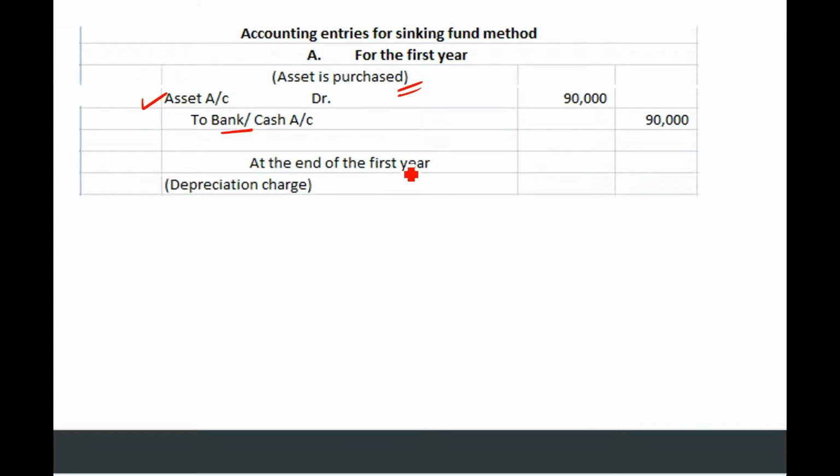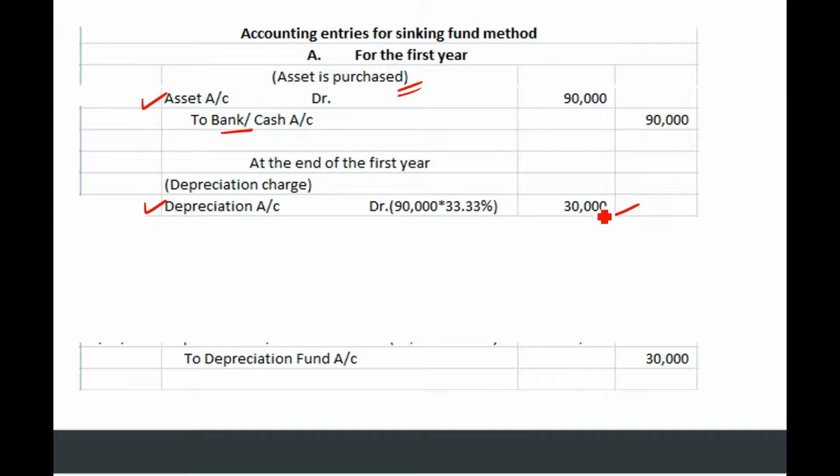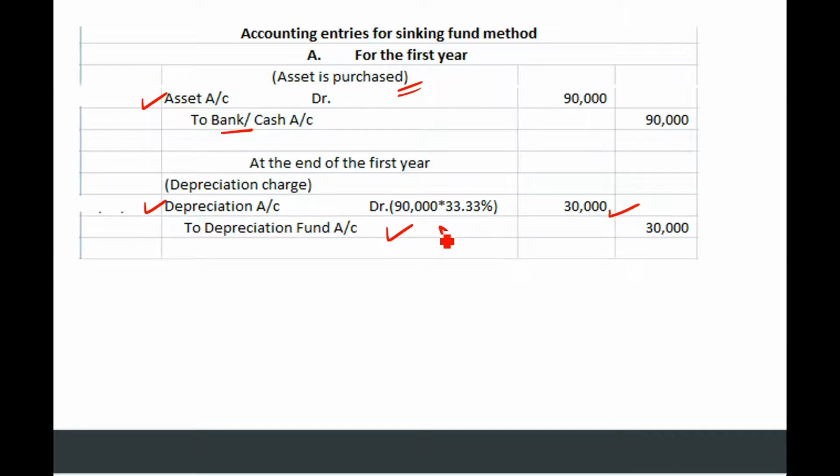So at the end of the first year, you will pass the depreciation entry, that is depreciation account debit 30,000 to depreciation fund account. This is very important. In the normal scenario, we pass the entry saying depreciation account debit to asset account, and then it is transferred to profit and loss account.